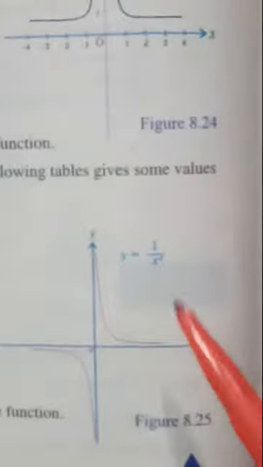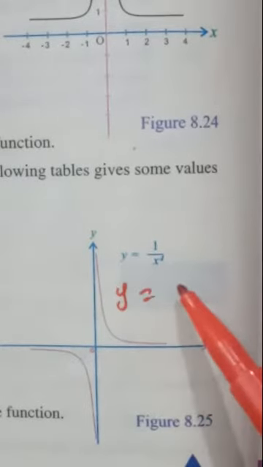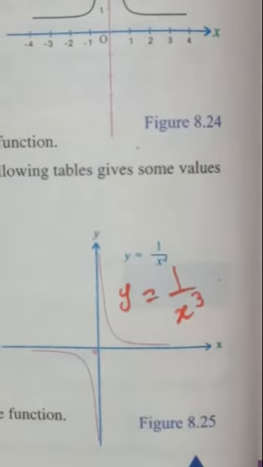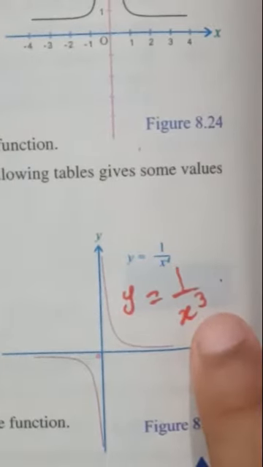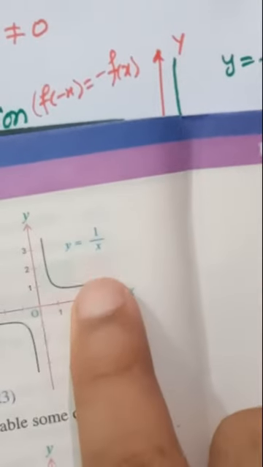This is the graph of y is equal to 1 divided by x power 3. So you see that when the value of n is -1, that is the graph of y is equal to 1 divided by x.